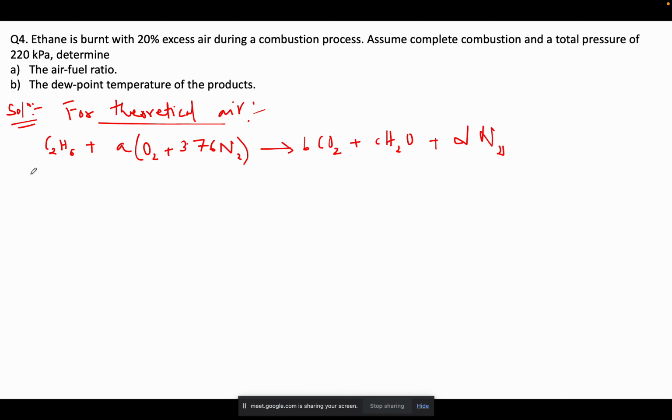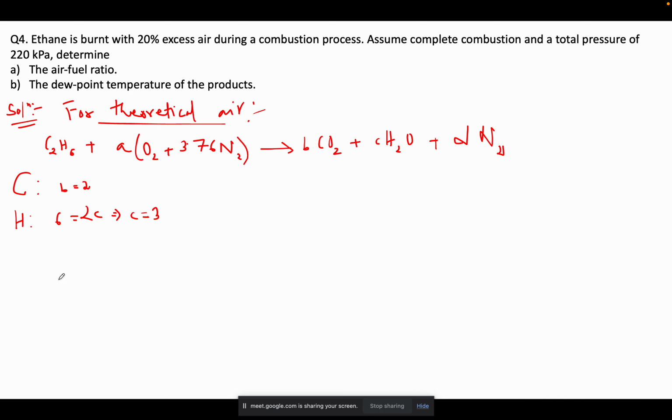Okay, so mass balance for carbon gives me B equals 2. Mass balance for hydrogen gives me 6 equals 2C. So this implies C equals 3.